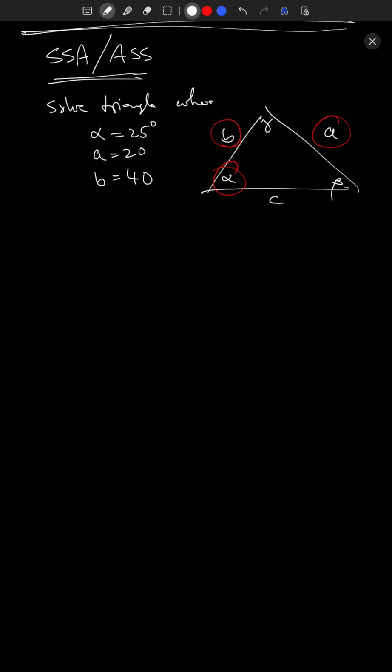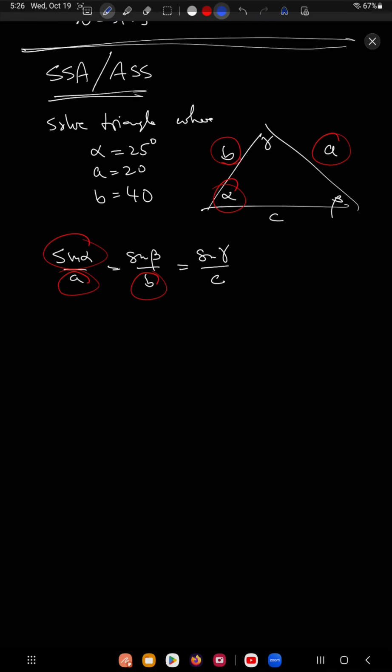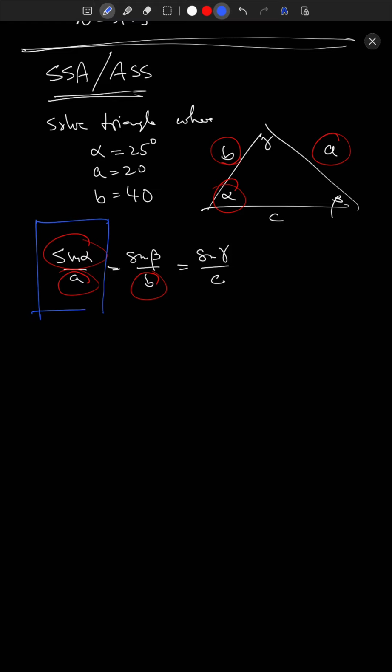Okay, let me write down the law of sines. Sine of alpha over A equals sine of beta over B equals sine of gamma over C. All right, let's circle what we know. We know B, we know alpha, and we know A. The important thing to notice is we know this entire quantity here. That one is a number.